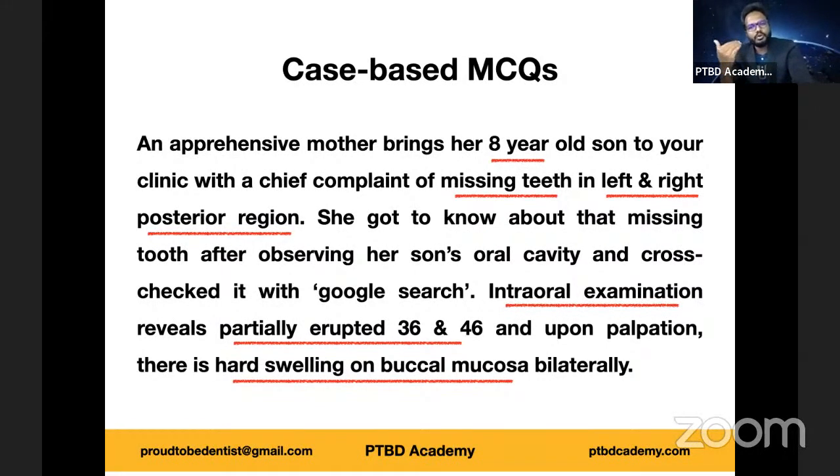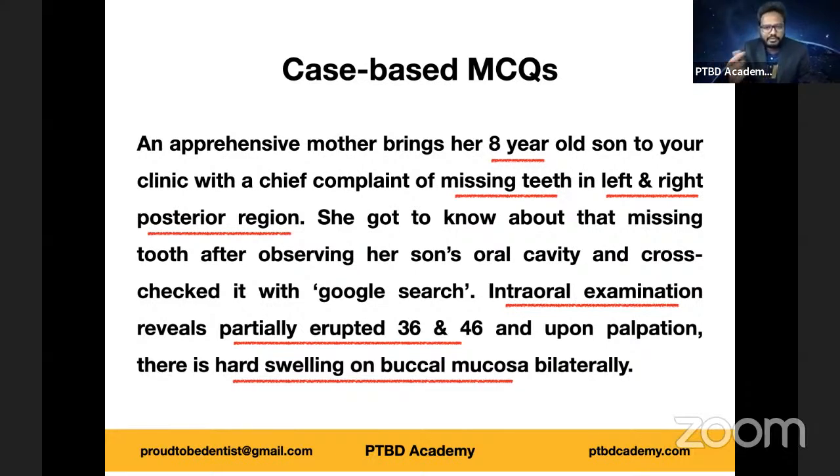So before we move on to the next slide, I want you to carefully go through each and every word, of course, letters, which are given in this particular slide. An apprehensive mother brings her 8-year-old son to a clinic with the chief complaint of missing teeth in both bilateral regions of lower jaw. And intraoral examination has revealed partially erupted 36 and 46.